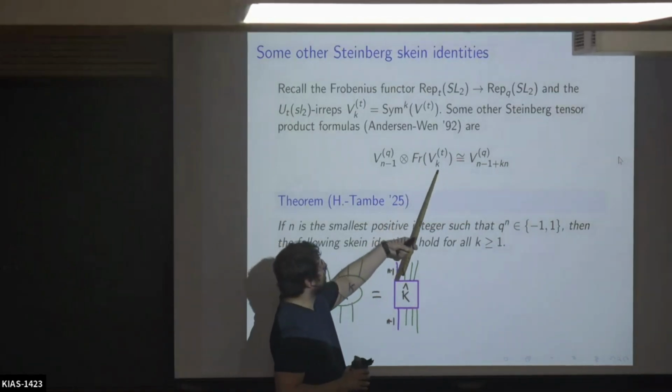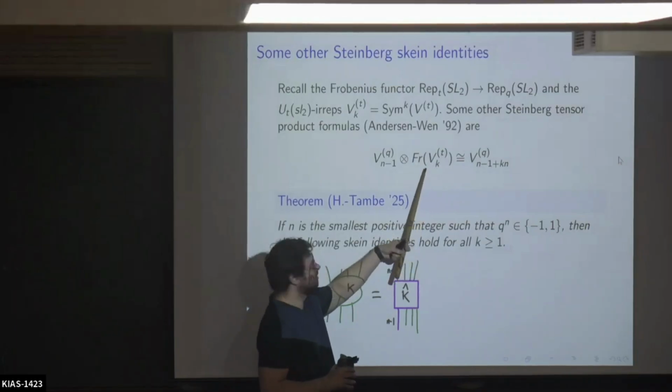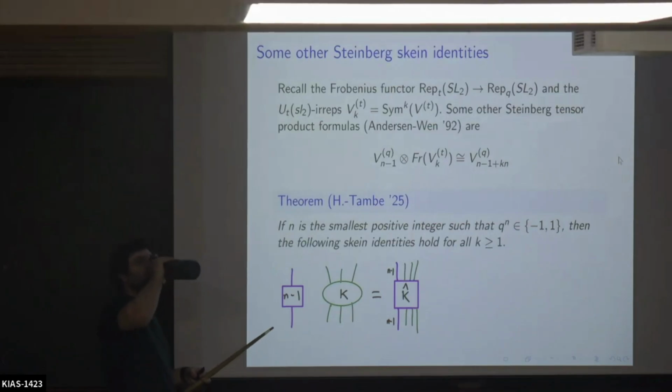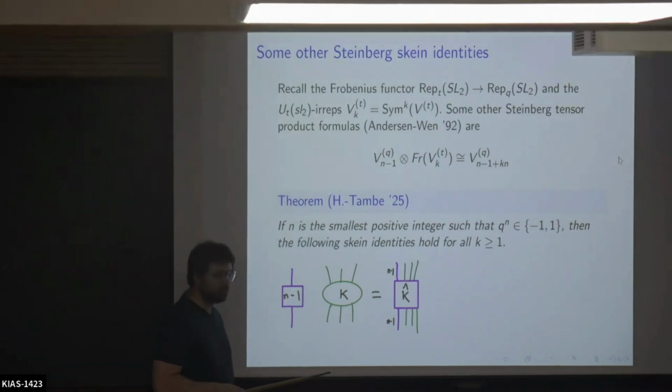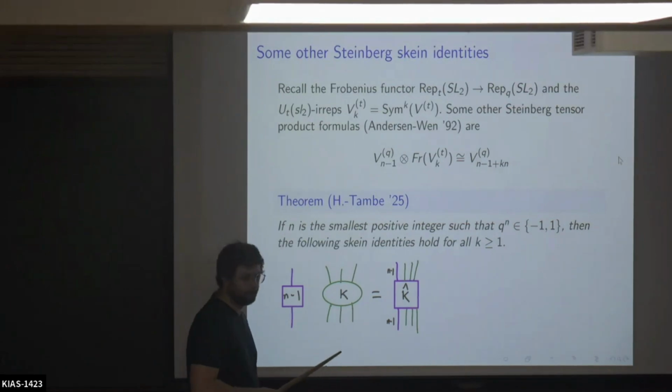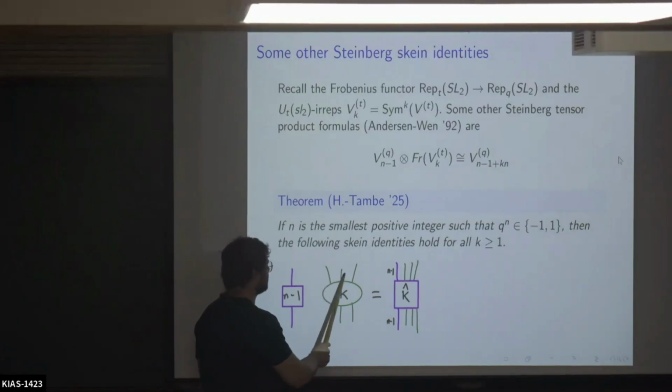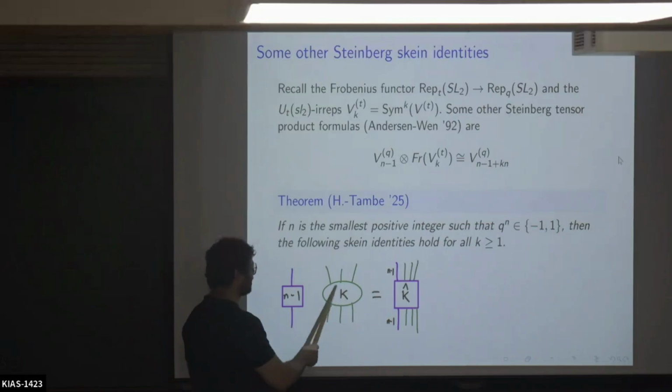Like when you apply the Frobenius homomorphism to a highest weight k representation, it becomes a highest weight kn. So green is also n-1. There are k green strands. So here in this picture, k is 3. Okay, yeah, I see.